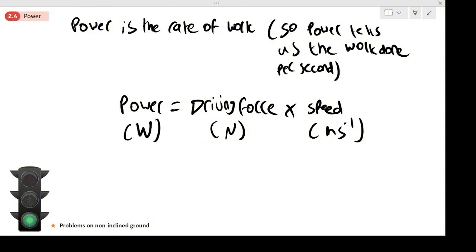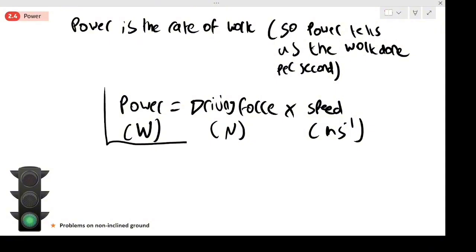Quite interestingly, if you do some clever work, look at other formulas and combine stuff, eventually you can deduce this, but I won't. I'll leave it there for now. So it turns out power is in watts.